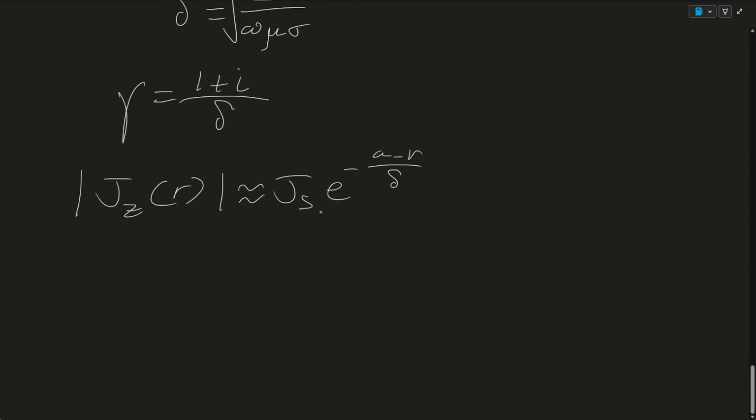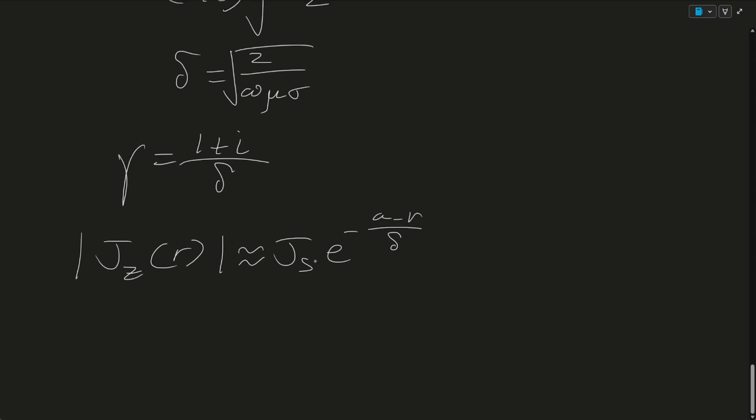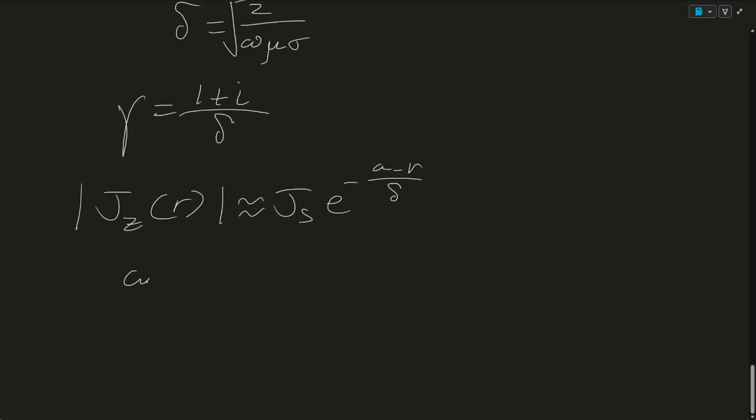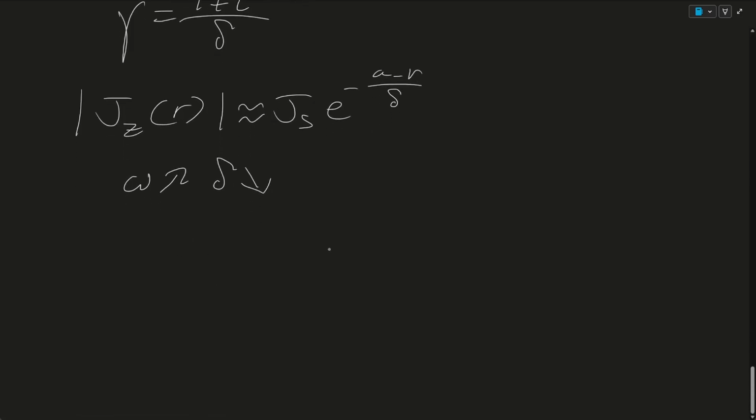And this shows that there's a relationship between omega and delta. As omega increases, the skin depth decreases, which forces all of the current into the edge.